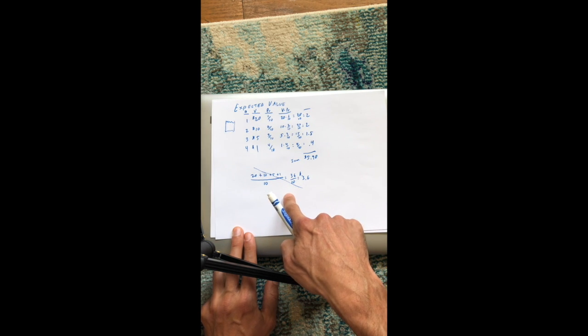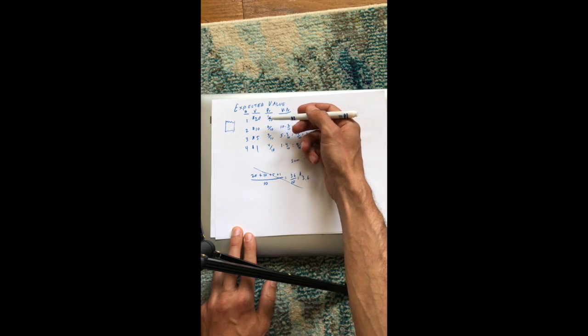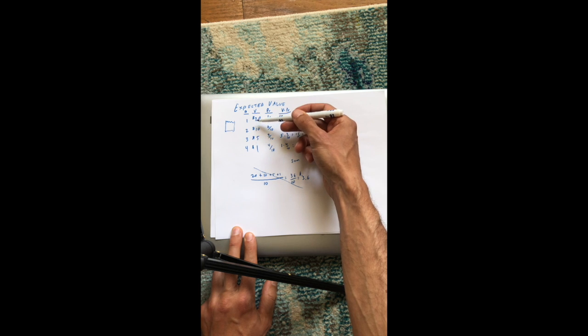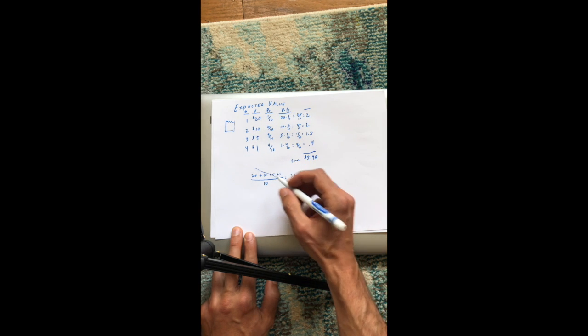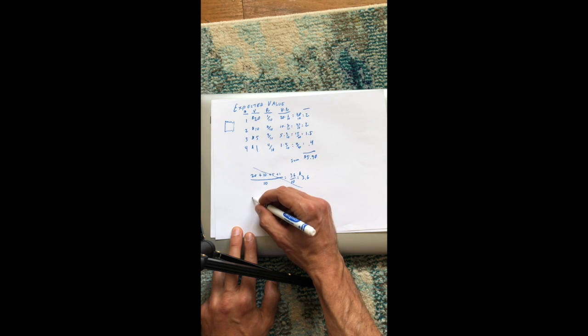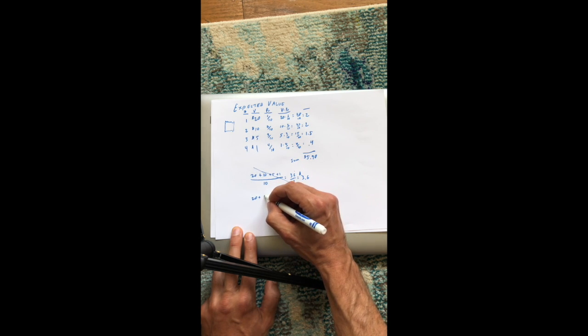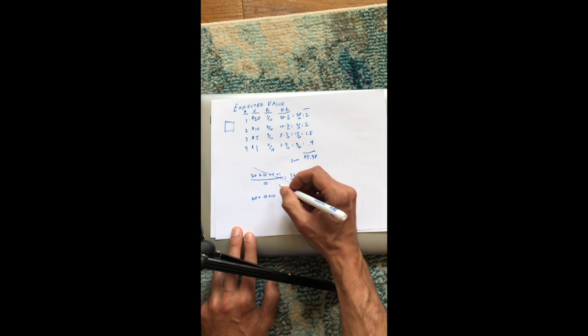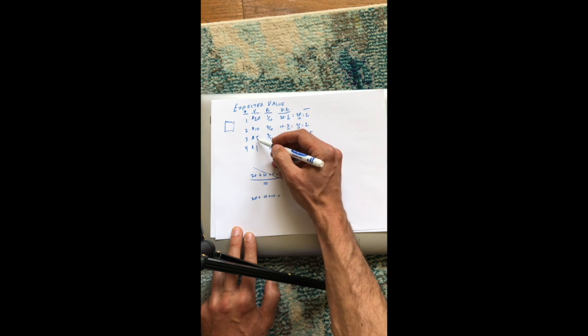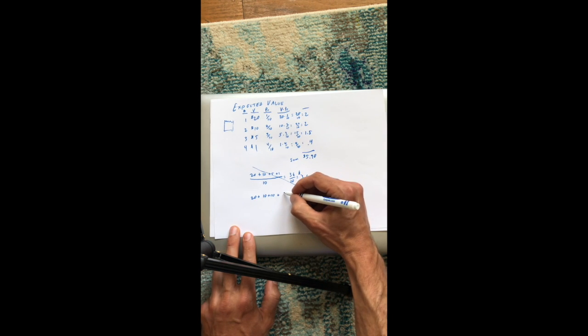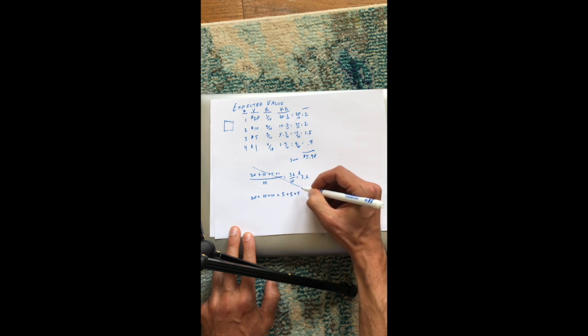But let's do this, and account for how many of each bill we have. So we've got a 20, and then we have 2 10s, and then we have 3 5s, and then 4 1s.